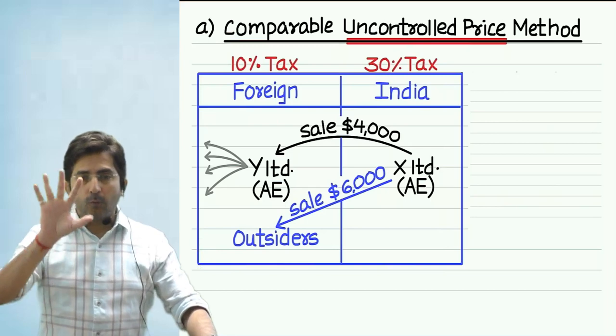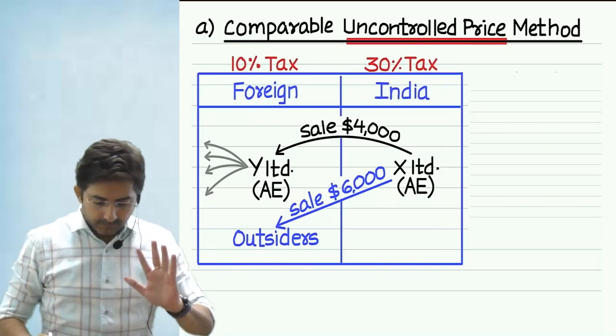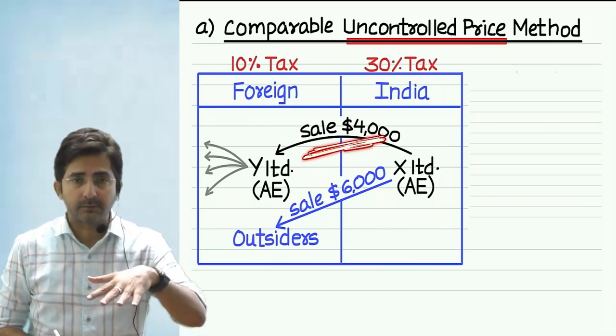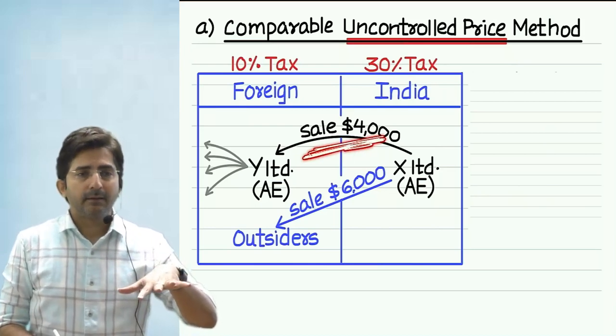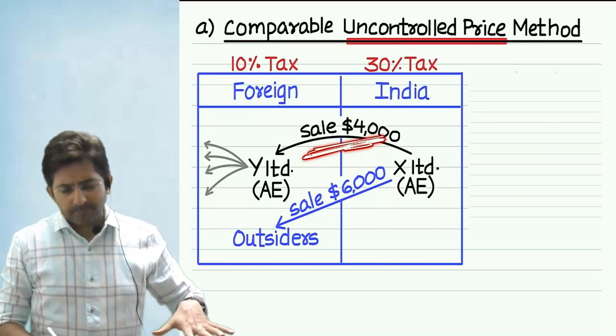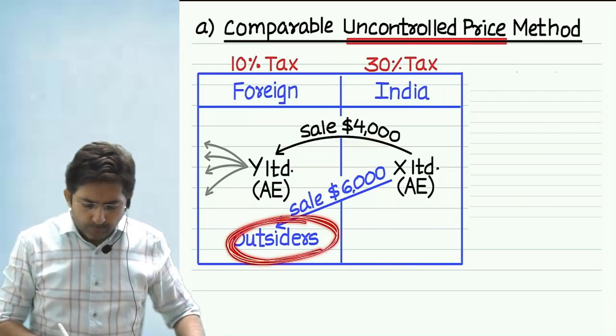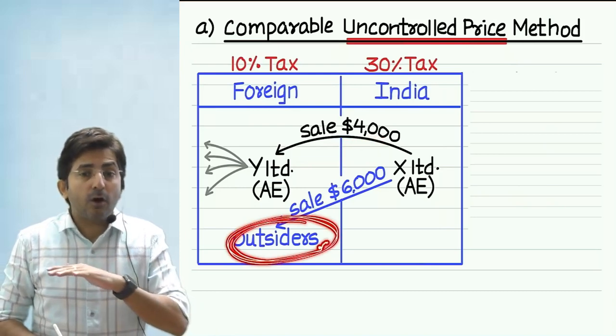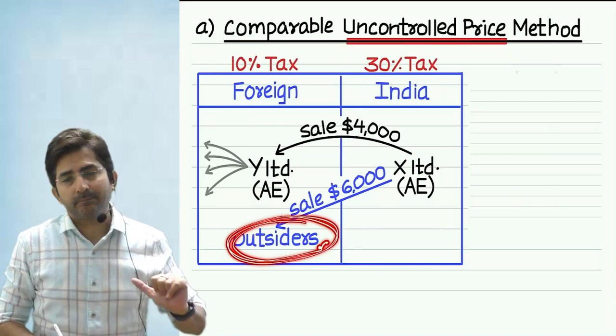Yes, you know what X Limited can say? We understand, government, that our price of 4,000 looks smaller than the 6,000. But then there is a difference. These outsiders to whom we have sold for $6,000, we have not given any discount to them.